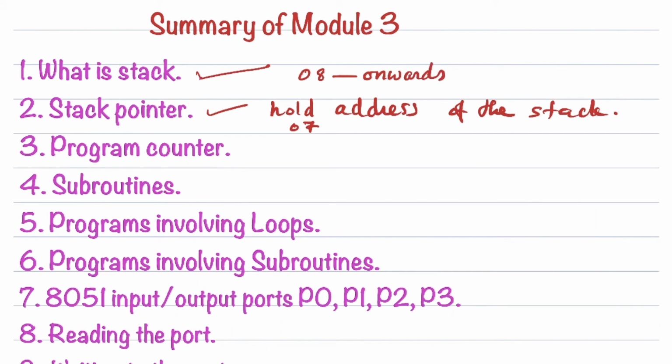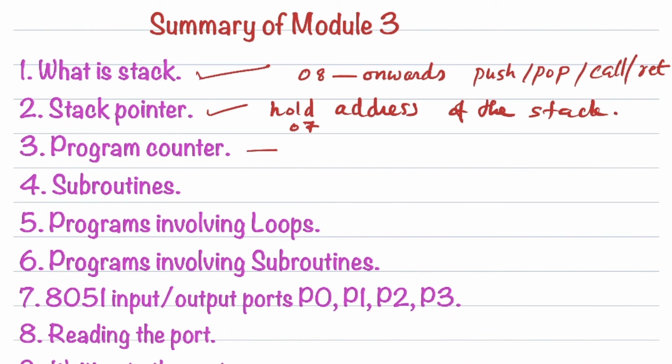And in this process we have also seen the instructions which deal with the stack, that is the push and pop instructions. Also we have seen the effect of call and return instructions on the stack, as well as the stack pointer and the program counter. In this process of explanation, we have seen what the program counter is, which holds the address of the next instruction to be executed.